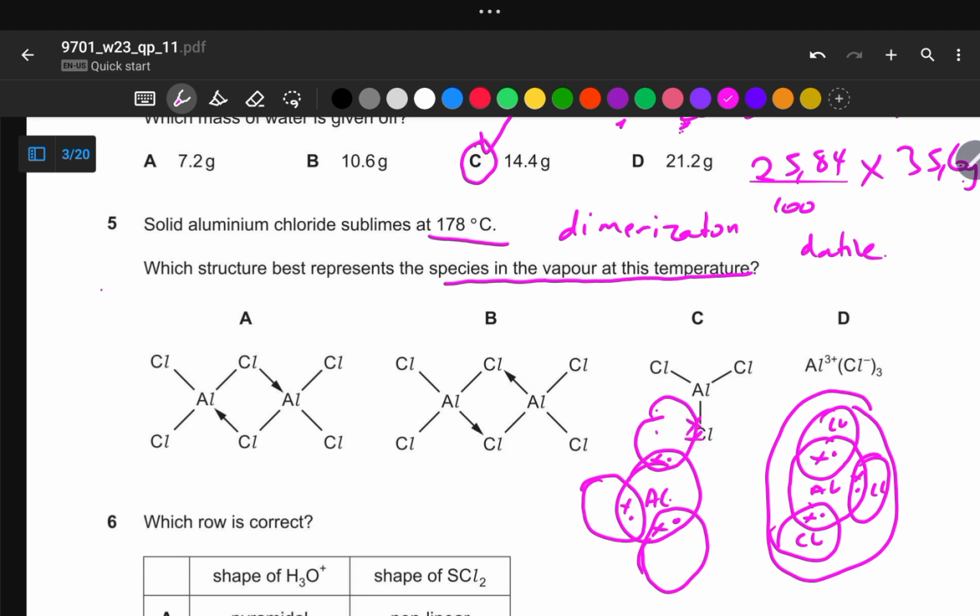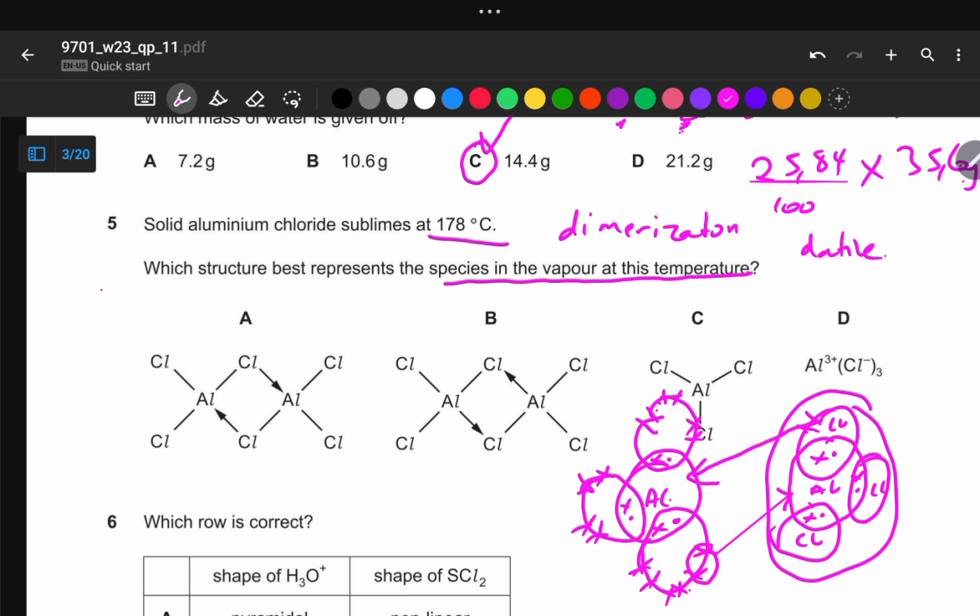We can complete the outer shells for the chlorine atoms, right? Chlorine has got 3 lone pairs of electrons. So this lone pair will be shared to this aluminium, and the lone pair on this atom will be shared again to this aluminium to complete the electronic configuration.